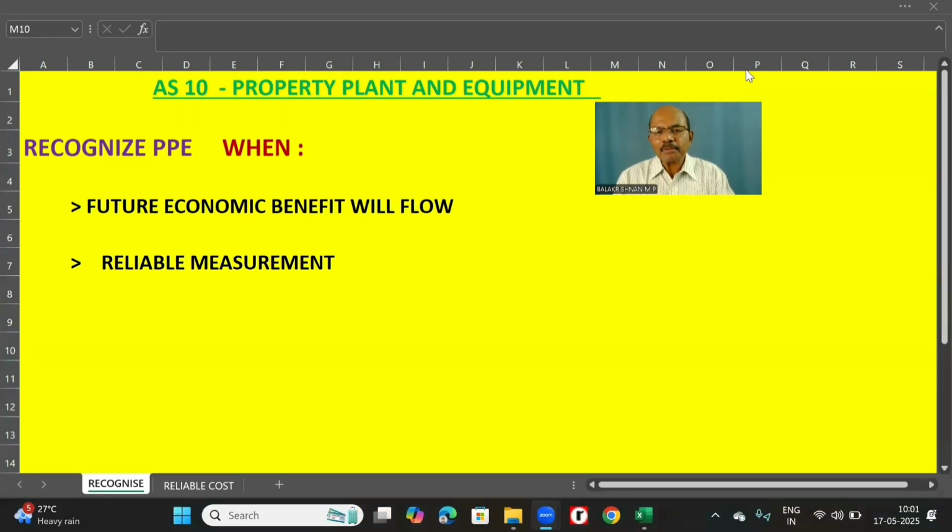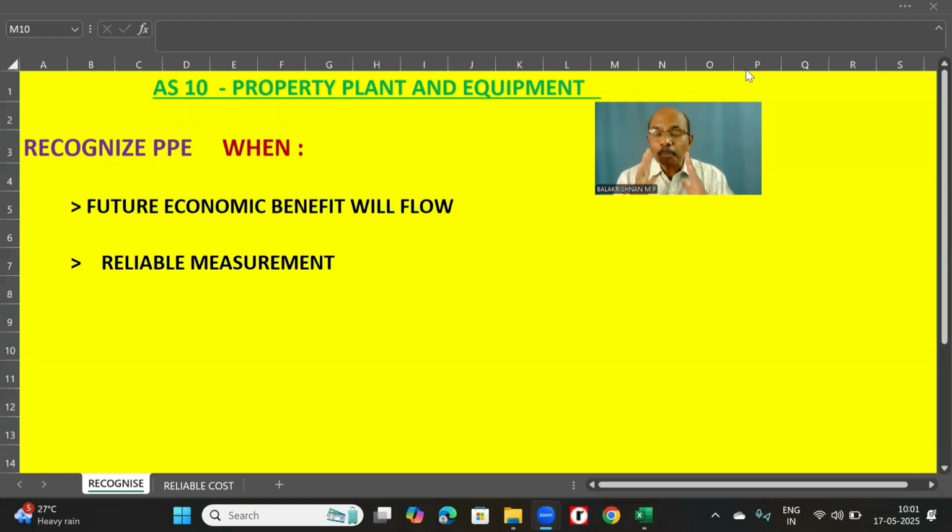Some more examples of reliable measurement. Suppose you signed a contract to build a building for rupees 10 lakhs. That contract amount is considered reliable. You bought second-hand equipment and the price matches current market value. This can be a reliable cost if documented properly.